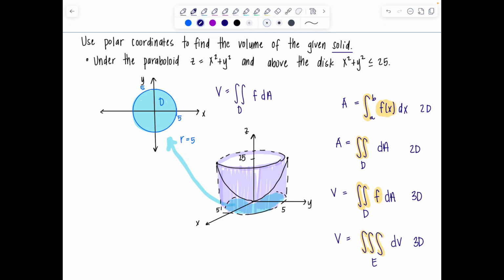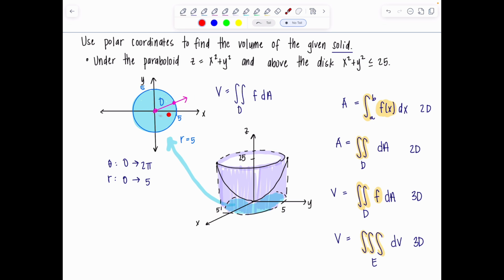Okay, we're going to integrate in polar, so we need limits for theta and r. Notice this time we're going all the way around, so theta is going to go from 0 to 2 pi, and then similarly r, 0 to 5. Now the solid is bounded below by z equals 0 and bounded above by the paraboloid. You can do the same little trick to figure out the bounds for the solid.